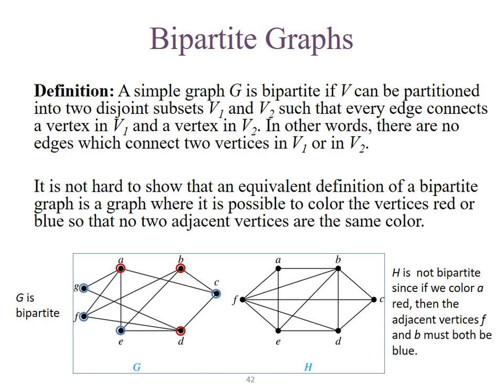So now we can see B and E should be red. And then the other vertex connecting to B by an edge should be colored blue. Then you can repeat this process until you color all the vertices in the graph. If there's no contradiction, then we can see this is a bipartite graph.